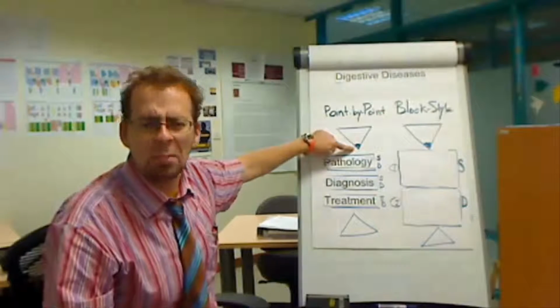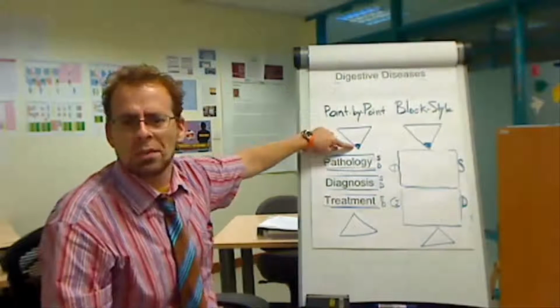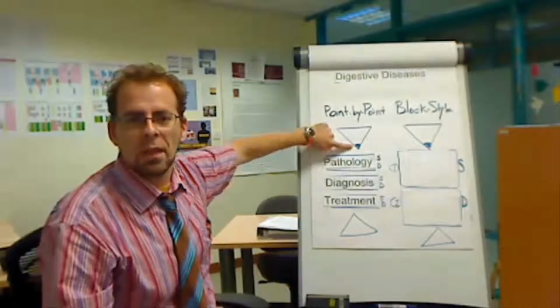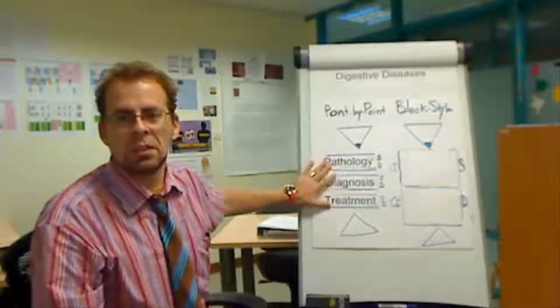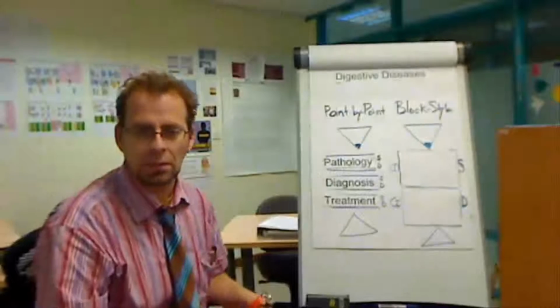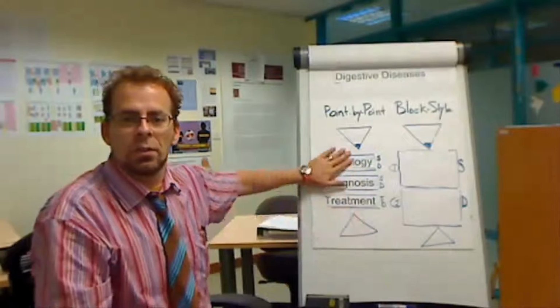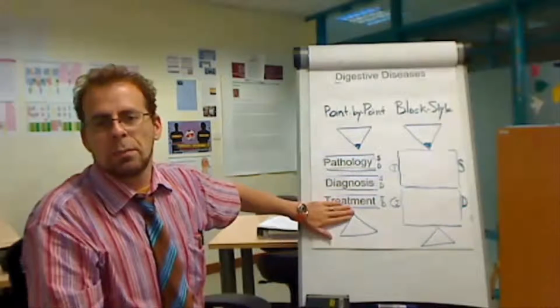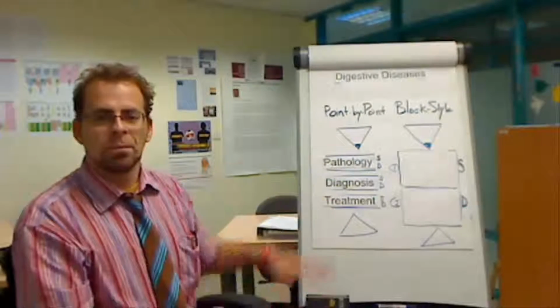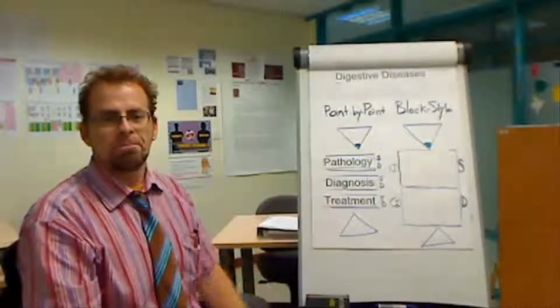Something very simple would be, in this essay I'm going to talk about the pathology, diagnosis, and treatment of digestive diseases. Something like that. And then we have body paragraph 1, body paragraph 2, body paragraph 3, and then a conclusion. Point by point.